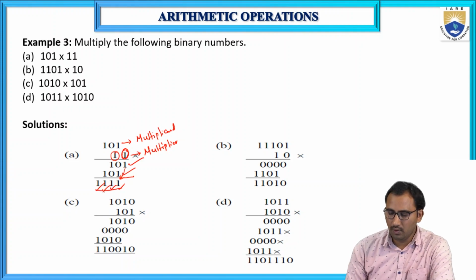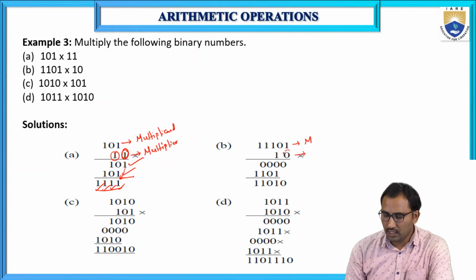Similarly, second example: 11101 is the multiplicand and the multiplier is 10. First we take the 0 and multiply the multiplicand with 0, so you will get all zeros.